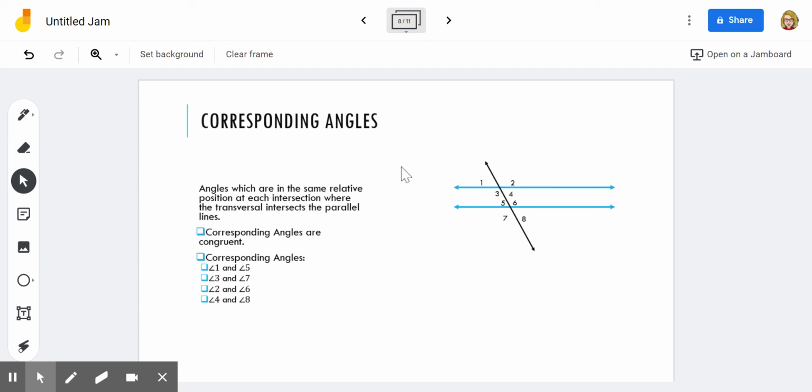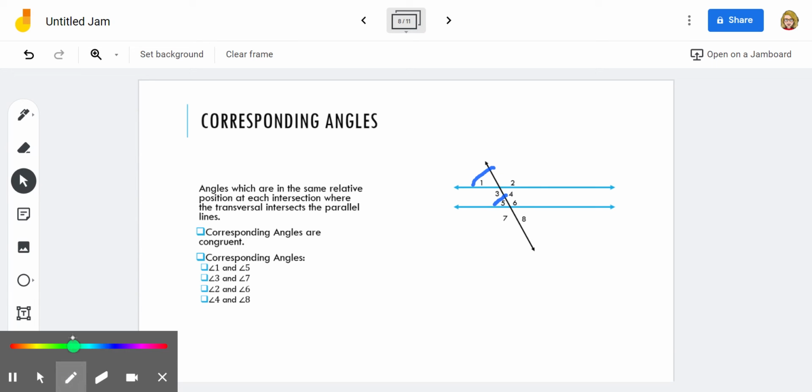Okay, the next type of angles we're going to talk about are corresponding angles. Corresponding angles are angles which are in the same relative position at each intersection where the transversal intersects the parallel lines. Corresponding angles are congruent. For example, angles 1 and 5 are congruent because they're corresponding, both on the left side of your transversal and on top of the line.